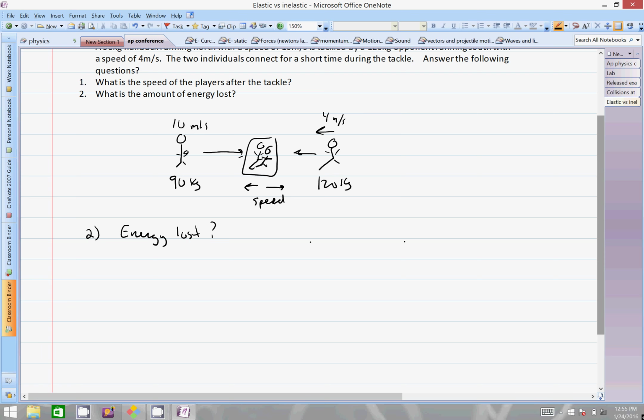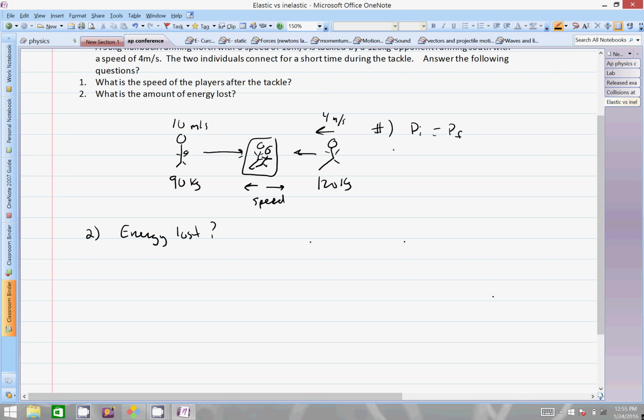So for the first question, we need to calculate momentum and determine the conservation of momentum. In this case, number one here, momentum initial equals momentum final.